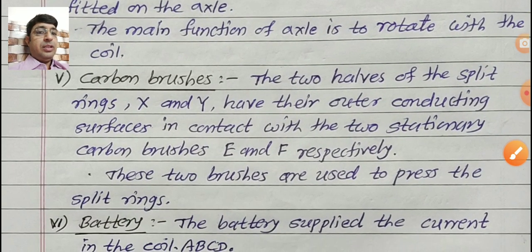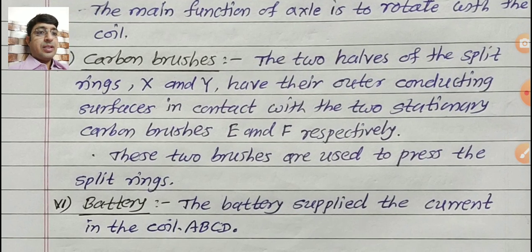Fifth component is the carbon brushes. The 2 halves of the split ring X and Y have their outer conducting surfaces in contact with the 2 stationary carbon brushes E and F respectively. You check in the diagram.